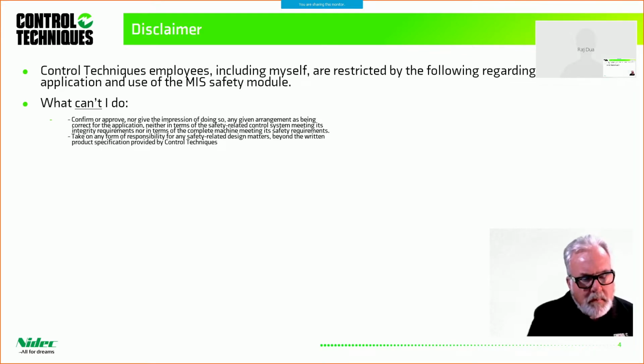So in a nutshell, no employee of Control Techniques can make a statement to the effect that your particular safety setup is in fact safe. We are not qualified to do so. We can also not take on any responsibility for any safety-related design matters. So I'm going to discuss the process of coming up with a safety analysis, but in the end, no CT employee can bless a safety-related machine design. That is entirely beyond the scope of what we are able to do.